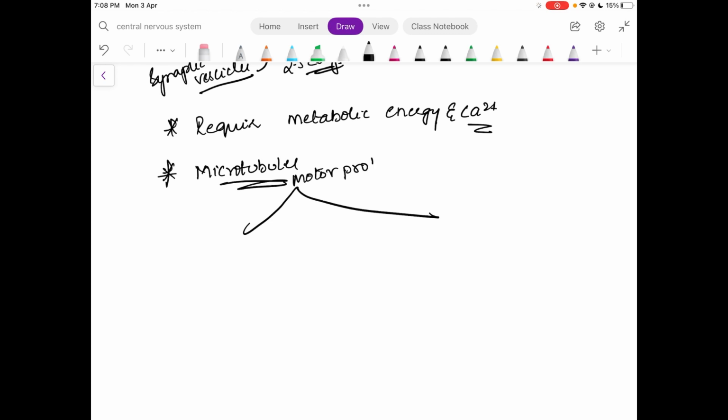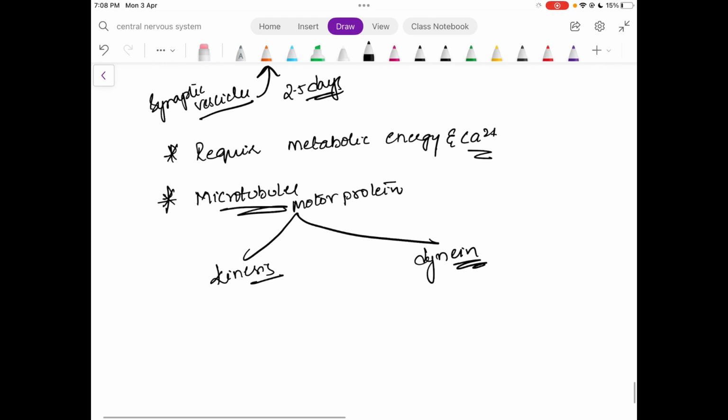These motor proteins are kinesin and dynein. And this axonal transport occurs in both the directions.